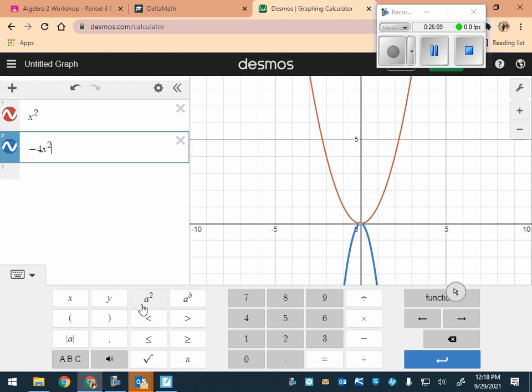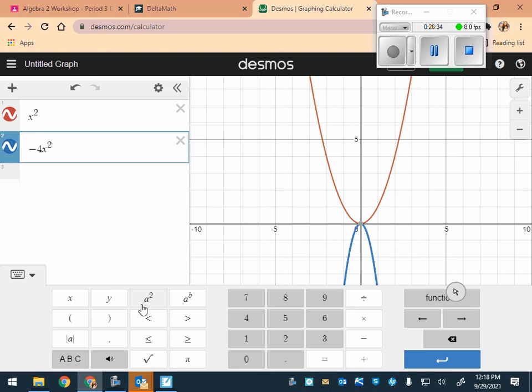The negative is separate. The negative means reflection. The A, if it's greater than 1 when you take the absolute value, then it's a vertical stretch. So this graph is a reflection and a vertical stretch. There are two types of transformations happening that you would have to list.